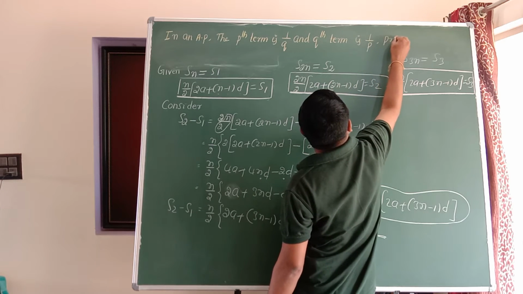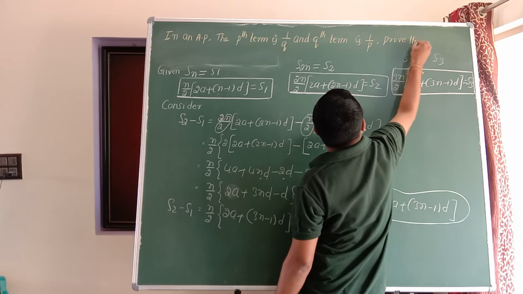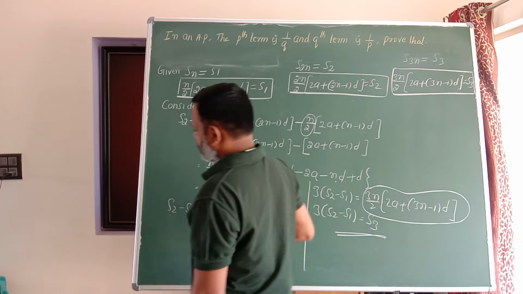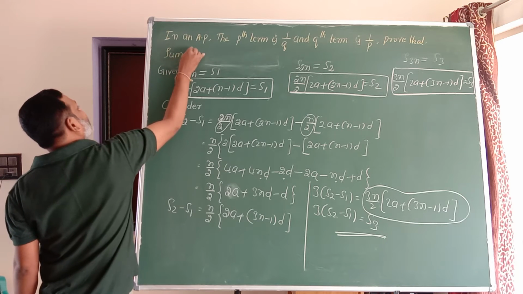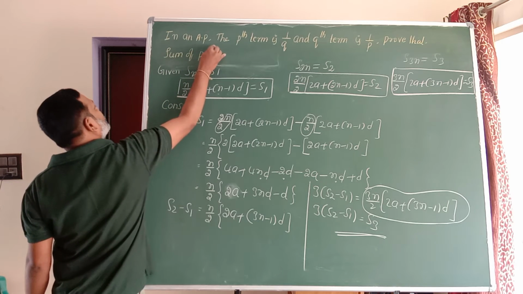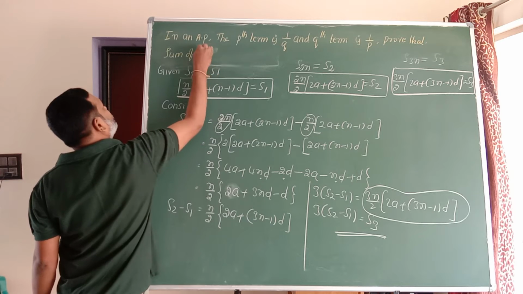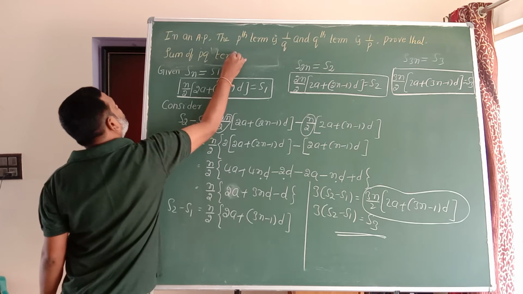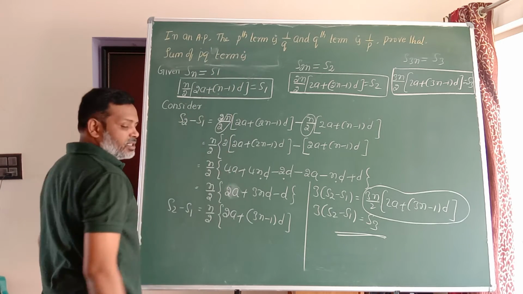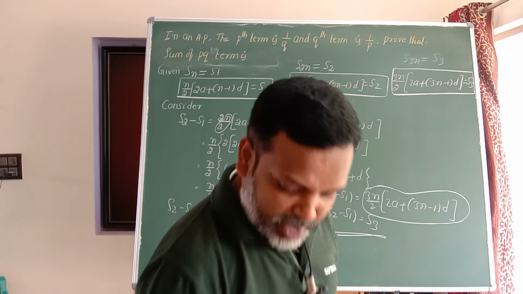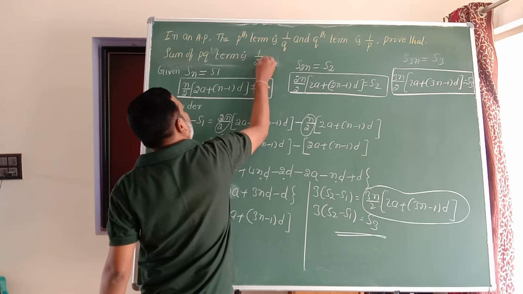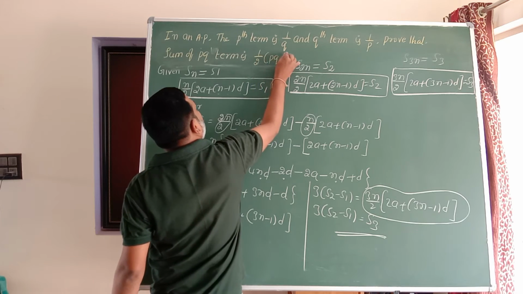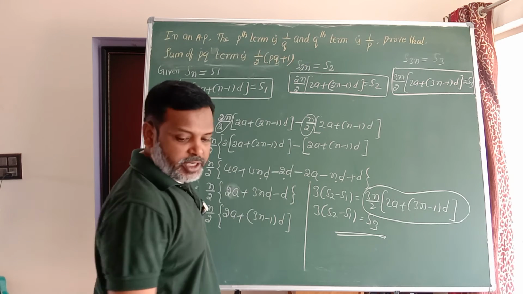Prove that the sum of pq terms is half into pq plus 1.